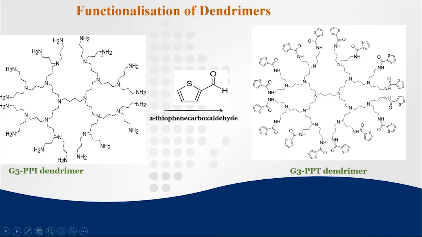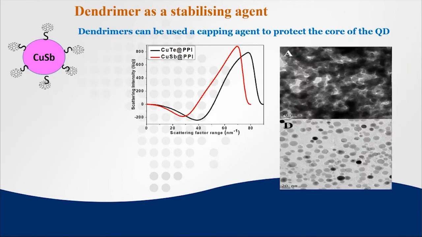So if we are looking at this structure on the left-hand side, this is just a dendrimer with amino groups. But once we introduce some functionalities, we are able to change the structure of the prepared dendrimer. Those functionalized dendrimers can be used as a stabilizing agent for any material of choice.